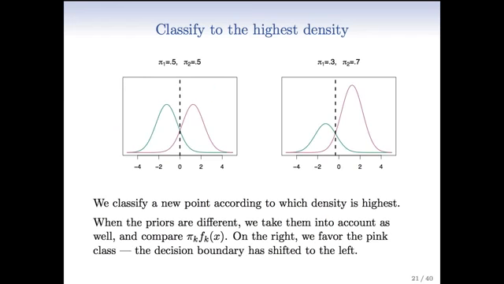The right-hand plot has different priors. Here the probability of 2 is 0.7 and of 1 is 0.3. Again, we plot pi sub k times f sub k of x against x, and that bigger pi has bumped up the purple. What it's done is moved the decision boundary slightly to the left.